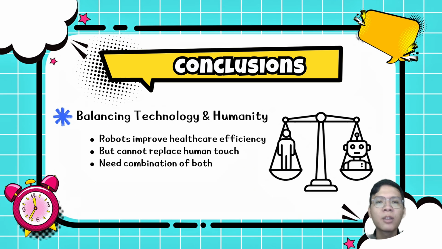Human understanding and compassion are important in building trust and helping patients feel safe and cared for. Therefore, the best solution is a combination of both technology and humanity. Technology should be used to support healthcare workers, not replace them. By working together, human and machine can provide healthcare that is both efficient and compassionate.